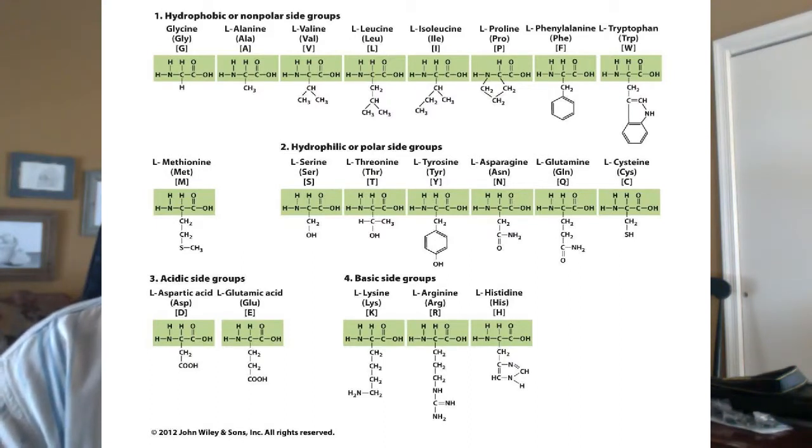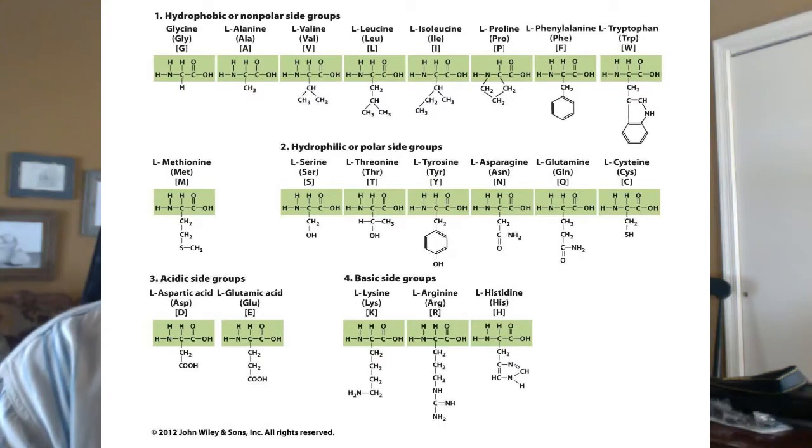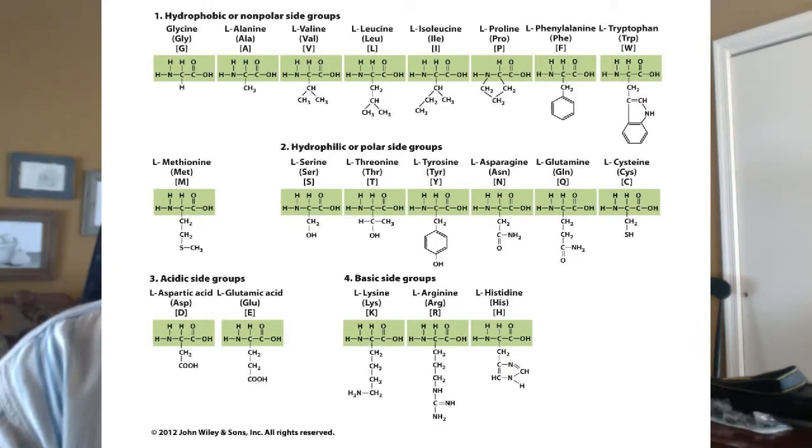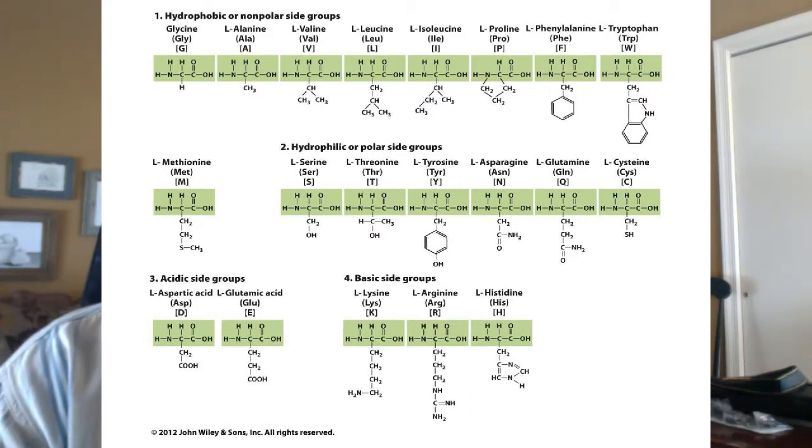They can be hydrophobic or nonpolar, hydrophilic or polar. They can be acidic or basic. Many of them are branch chains, some of them are single chains, and it really is these side groups or these residual groups that dictate how the amino acids interact within the protein itself.